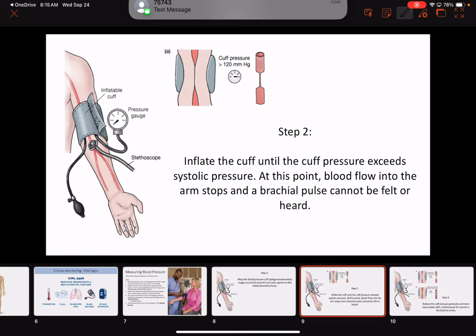At this point, blood flow into the arm stops and a brachial pulse cannot be felt or heard. At the same time, the clinician is going to be listening for heart sounds through the stethoscope. So you want to inflate that cuff until it exceeds that systolic pressure and the blood flow is cut off, as you see at the very top.